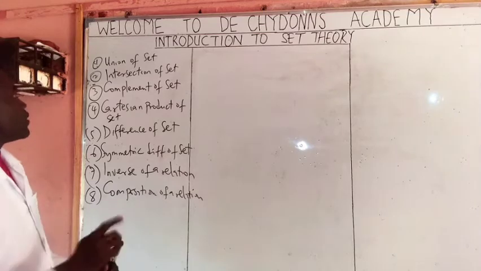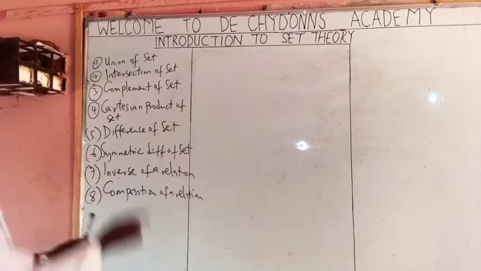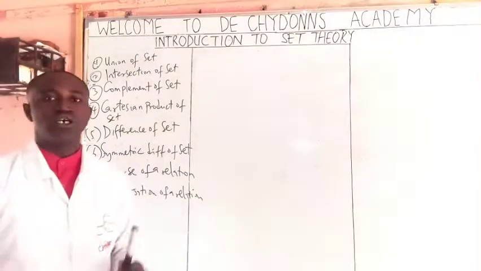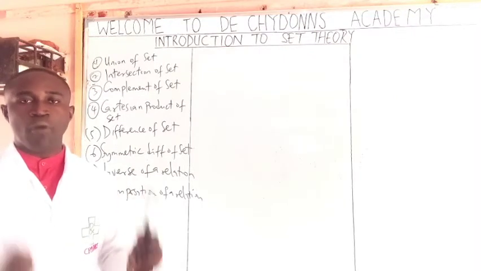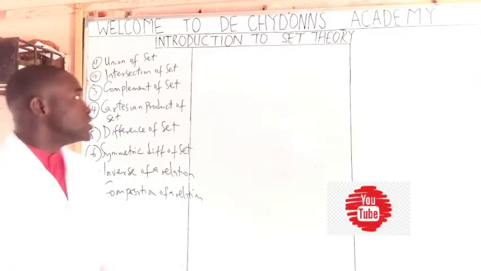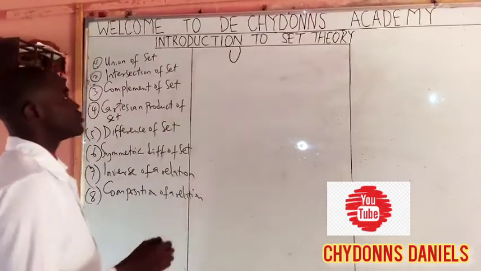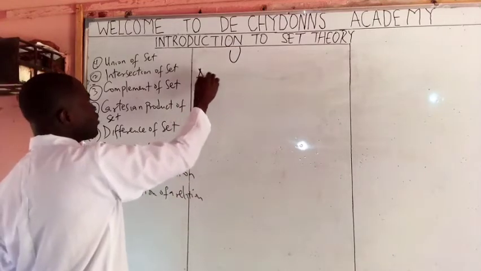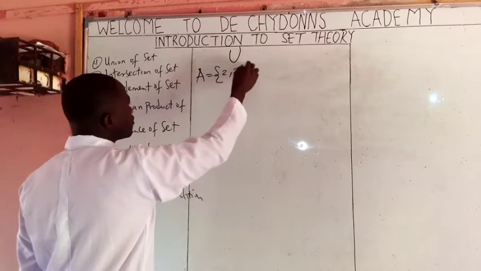Okay, now we want to see the meaning of these one after the other. Union of set. What does it mean? It means joining together of elements in the two or more given sets. This union of sets is denoted with U. So, take for instance, A equals 2, 3, 4.